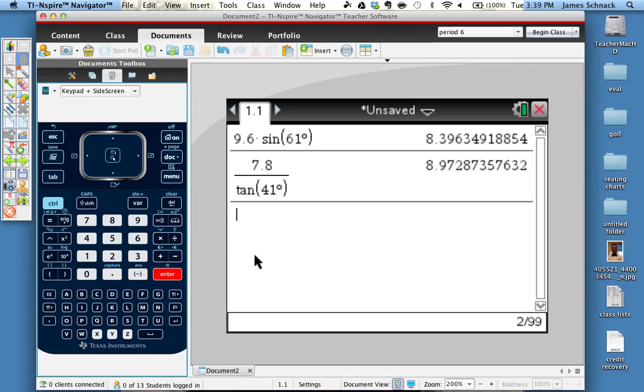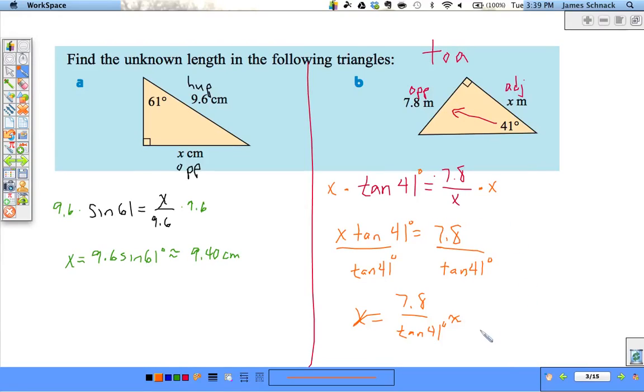So this side of the triangle is approximately 8.97 meters. And there we go.